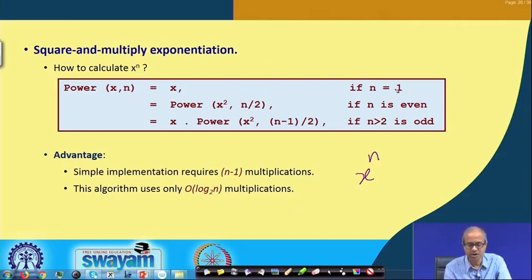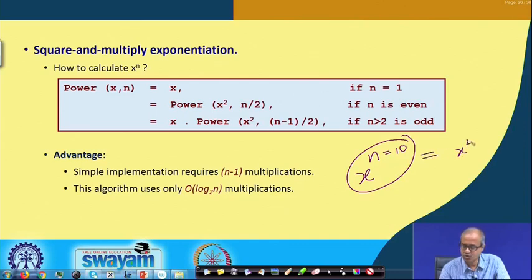If n equals 1, the result is x, obviously. If n is even, suppose n is, let us say, 10, then I say that x to the power 10 is the same as x squared to the power 5, right. So, x squared to the power n by 2.